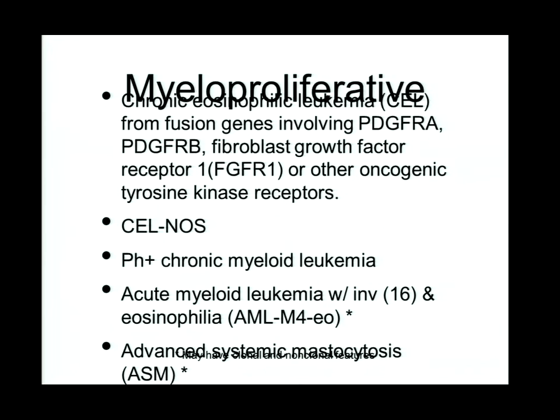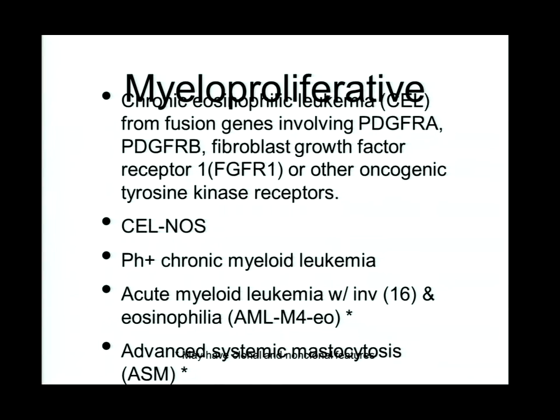And this is due to chromosome 4 abnormality, due to fusion genes of the platelet-derived growth factor receptor alpha, receptor beta, and the fibroblast growth factor receptor fusion genes that can occur, and it causes this oncogenic tyrosine kinase production.